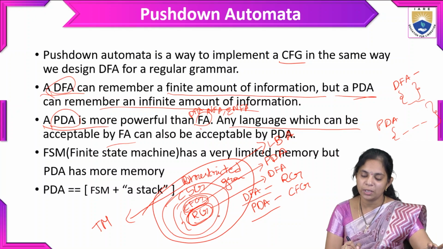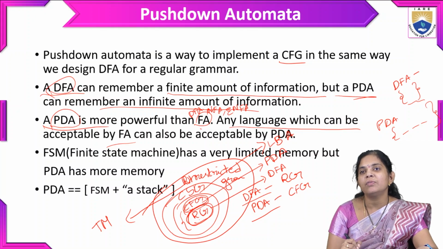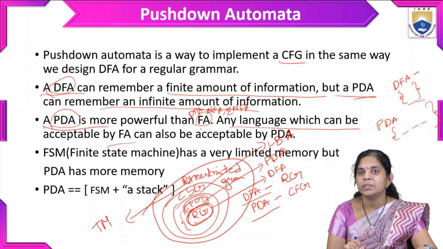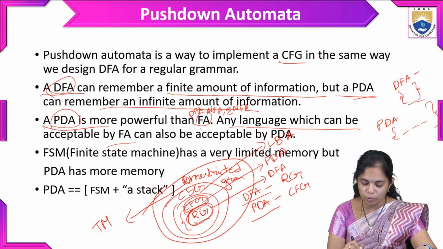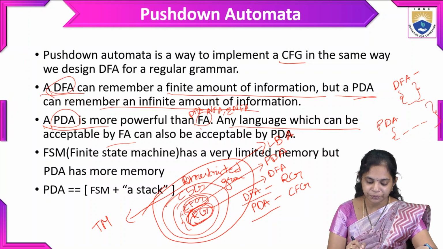So for the regular grammars we can also construct the pushdown automata. But for context free grammars we can't construct the finite automata. That is the difference. Why? Because the regular grammars are a subset of context free grammars.